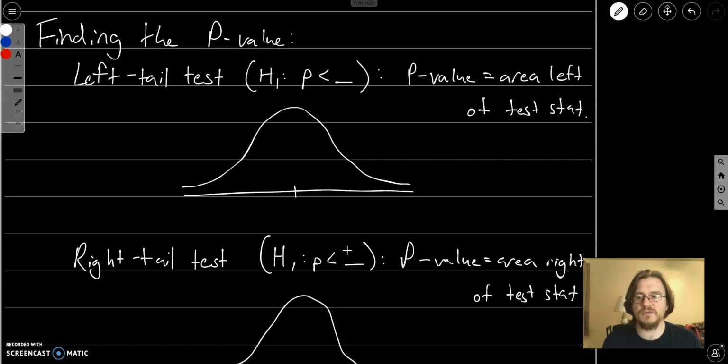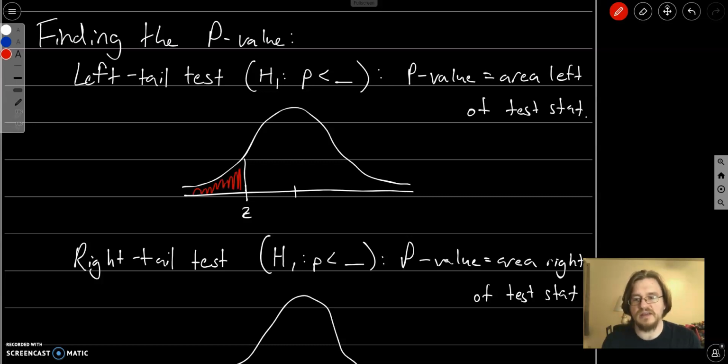So if we're doing a left tail test like we were in the last one, when the alternative hypothesis is written as p is less than some number, the p-value is the area to the left of the test statistic. So for instance, if our test statistic was here, then our p-value is going to be the area to the left.